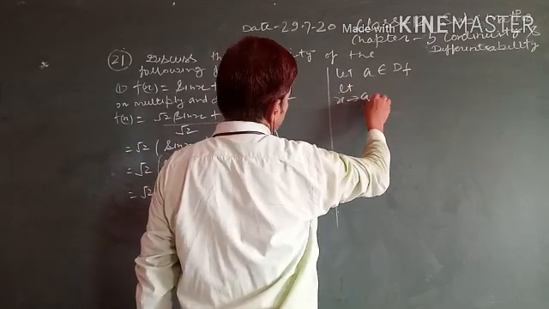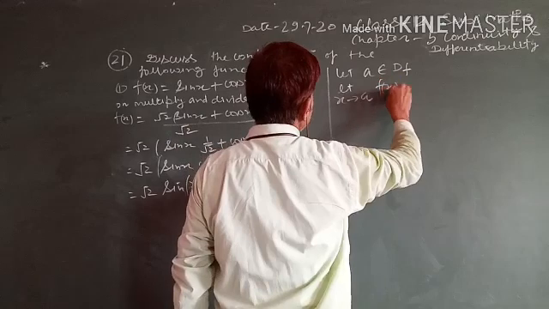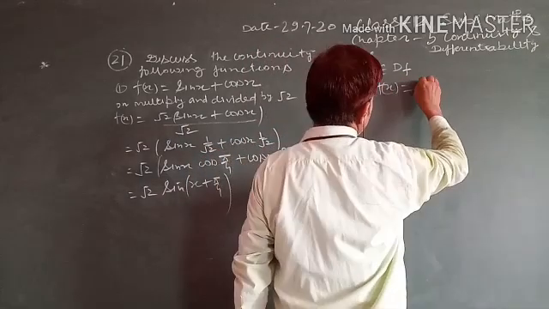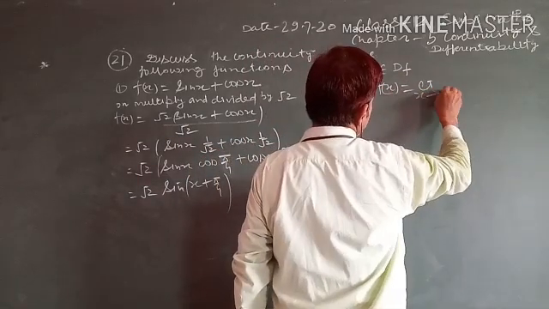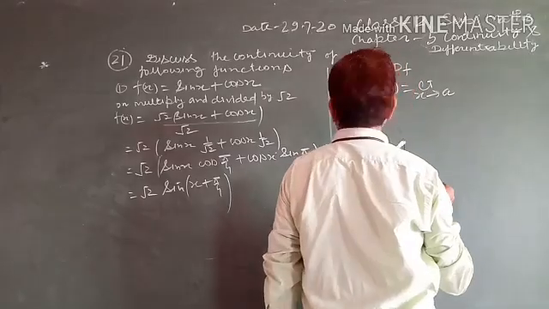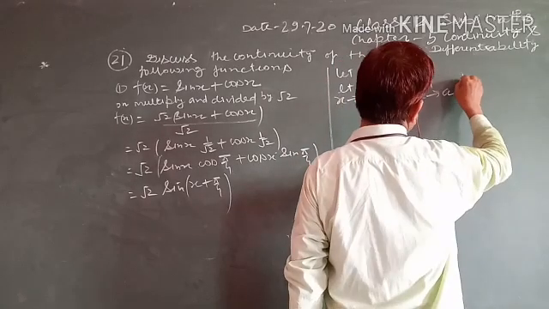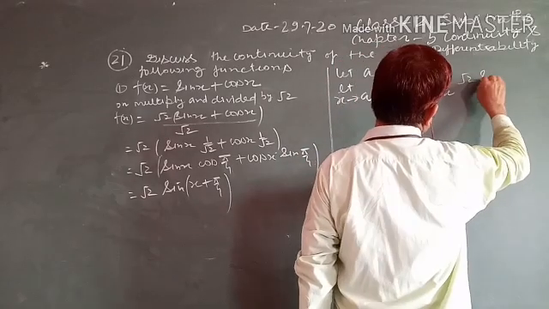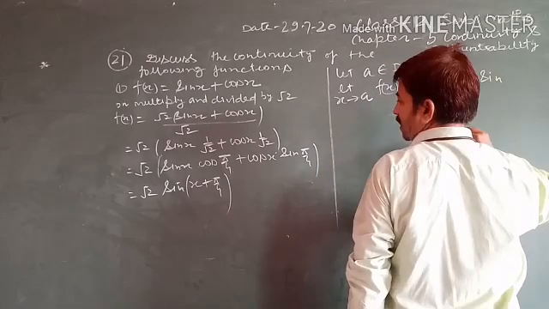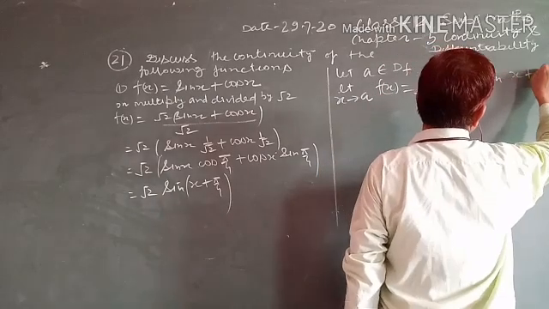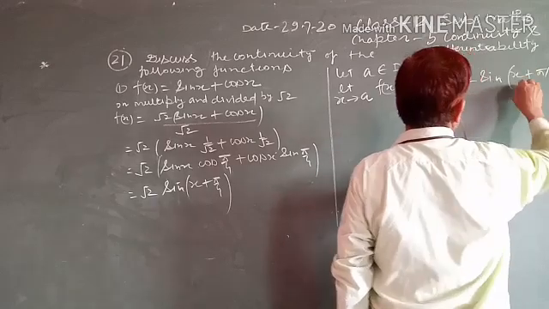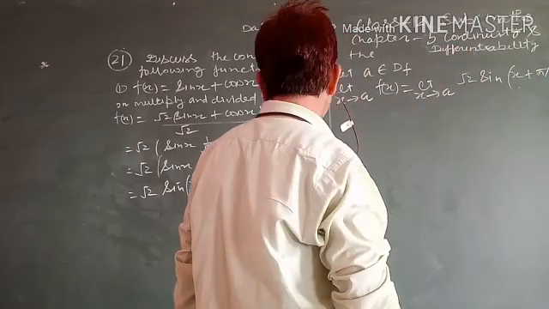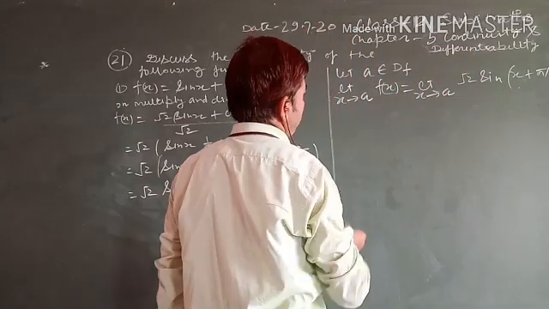Limit x tends to a f(x) equal to limit x tends to a root 2 sin of x plus pi by 4.